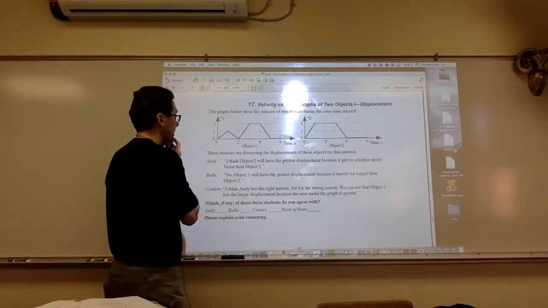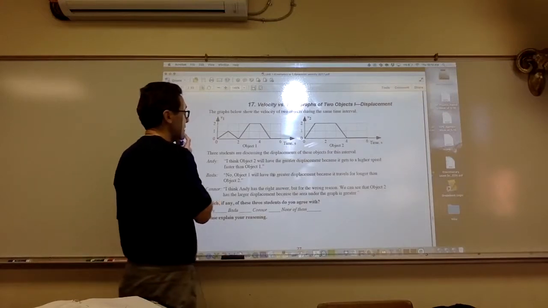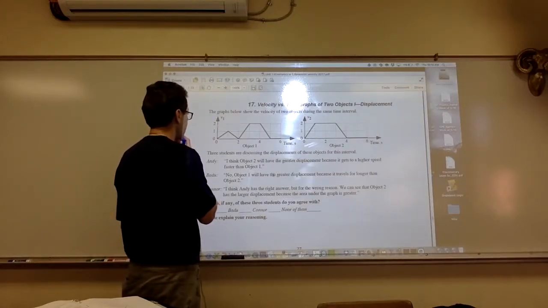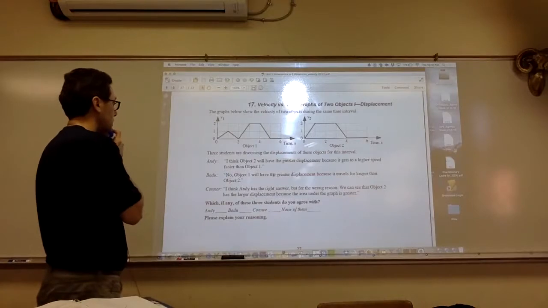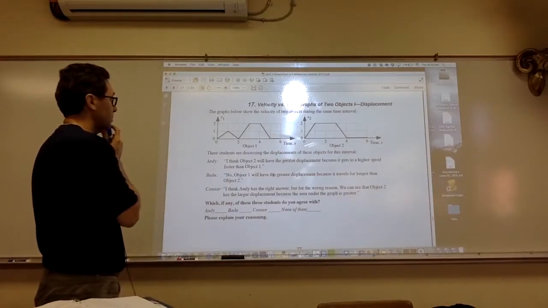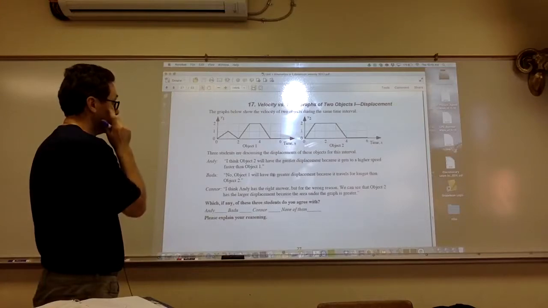Badu says no, object 1 will have the greater displacement because it travels for longer than object 2. I think Andy has the right answer, but for the wrong reason. We can see that object 2 has the larger displacement because the area under the graph is greater.